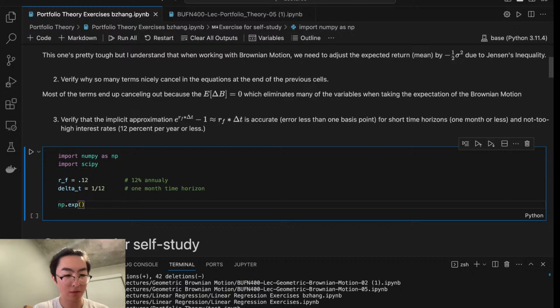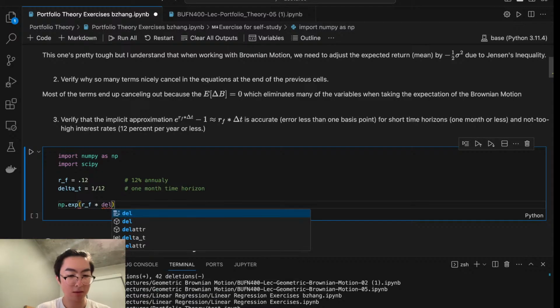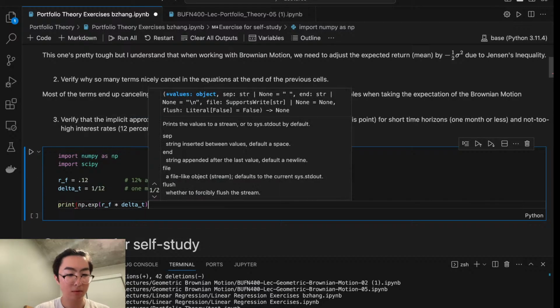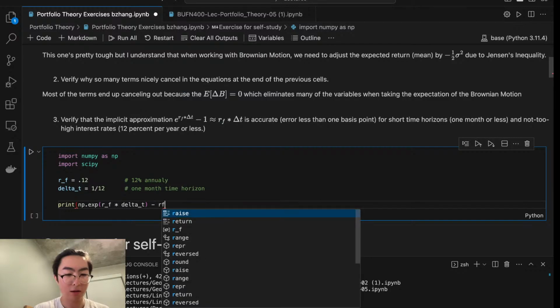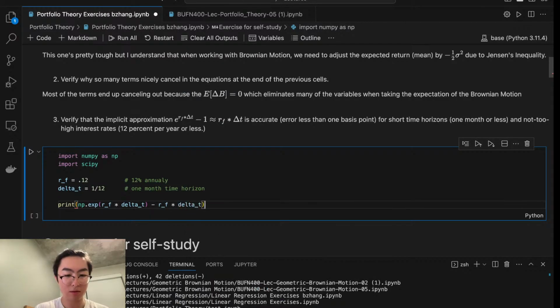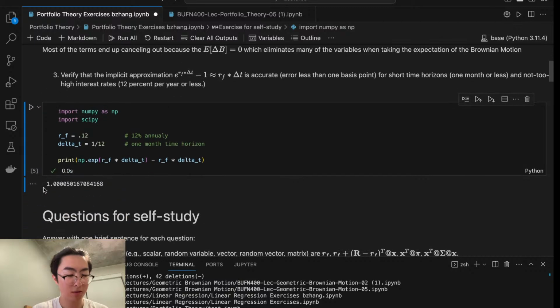So we have RF times delta T minus RF times delta T. Alright, let's see.